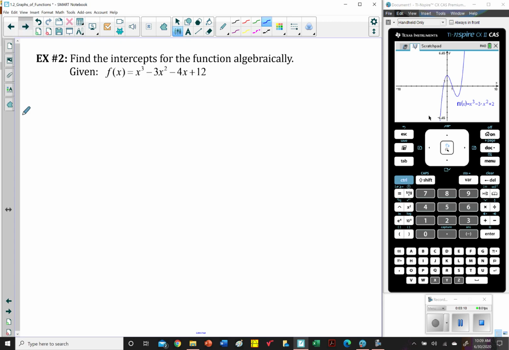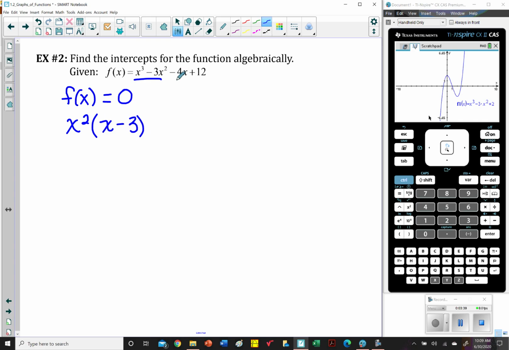Now here's a step where we're going to look at the algebra behind it. Remember, we want to use the rule of 4, and that means representing functions in 4 different methods. In this case, it's algebraically. So I want to take the function and solve for when it's equal to 0. In the first 2 terms, if we factor by grouping, I can factor x squared out of the first 2 terms.